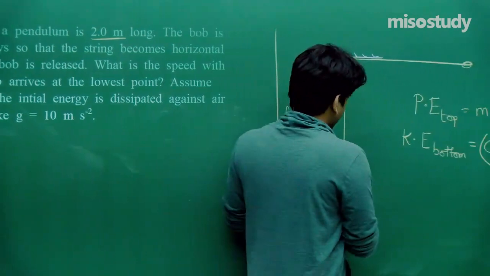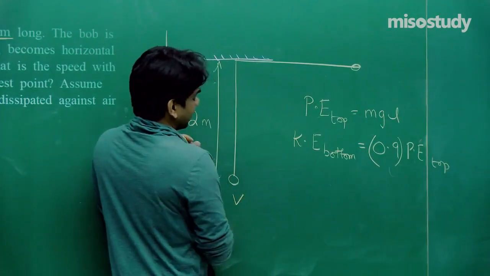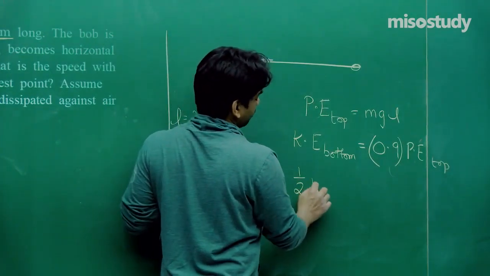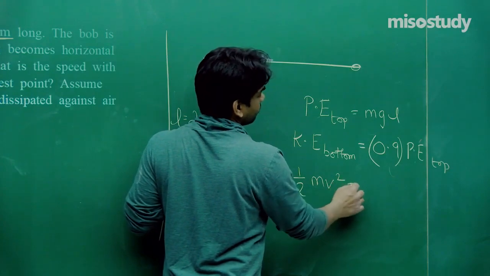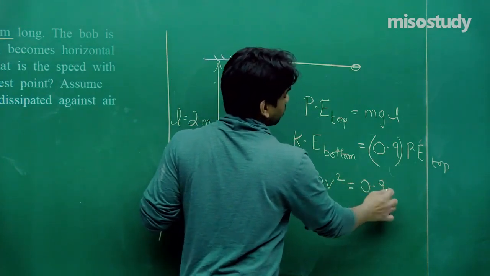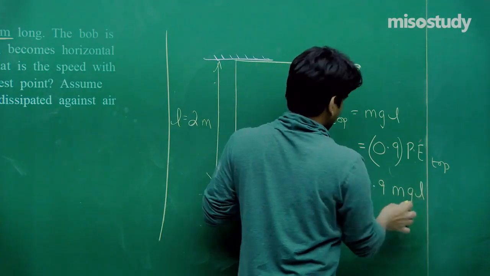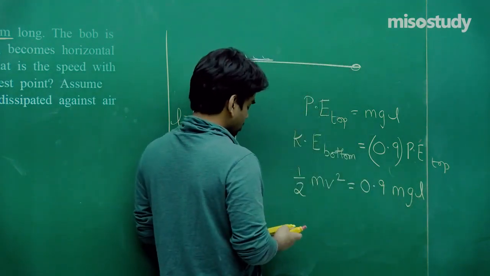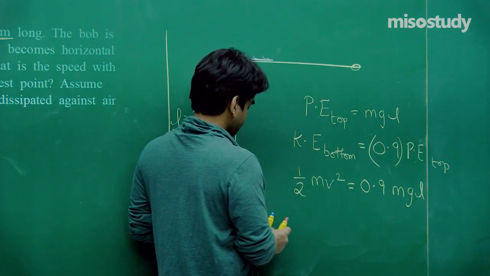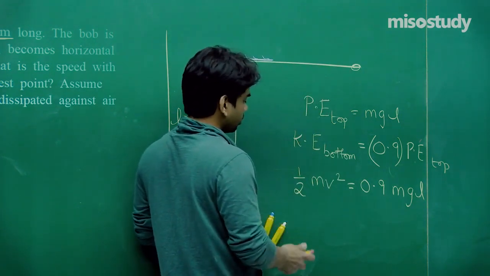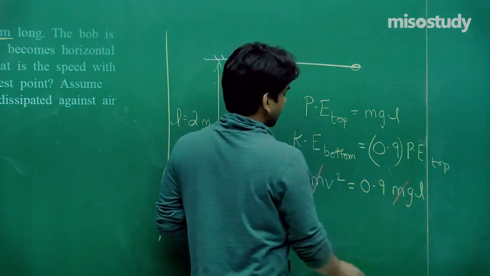If the speed that it is possessing here is v, so half mv square will be equal to 0.9 times of mgl. M and m is cancelled out.